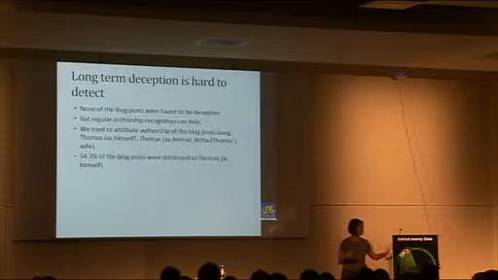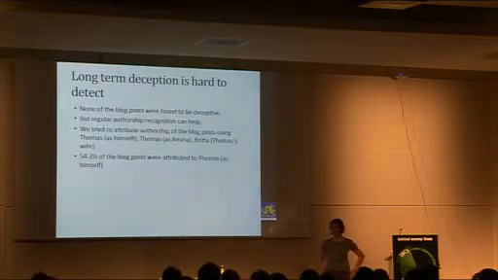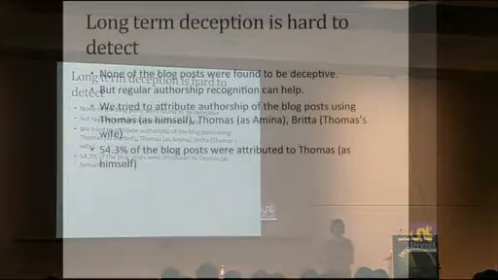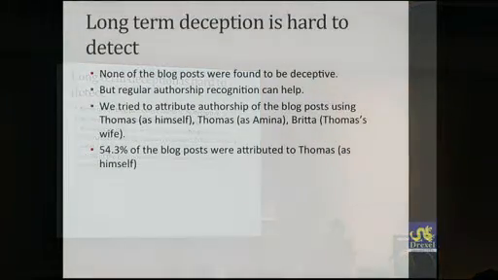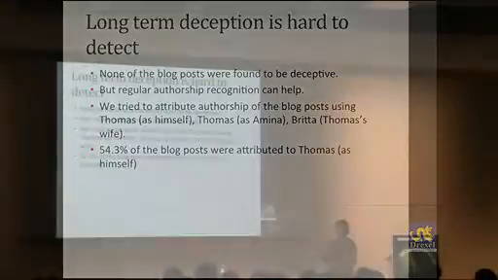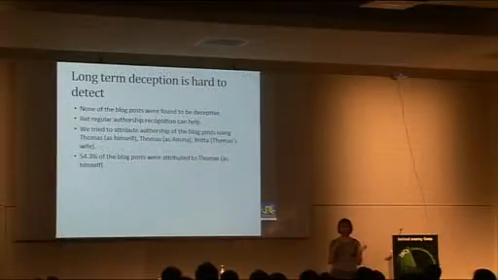So our deception detection method did not work in this case because, as I said before, he had enough time to develop a new style, and the simple linguistic features that we used were not evident in this case. But when you're maintaining more than one writing style, it's hard to be consistent. So in these cases, regular authorship recognition can help to detect that there is something wrong with the writing style.